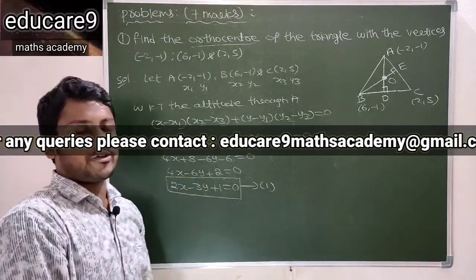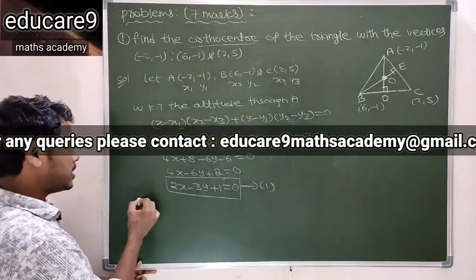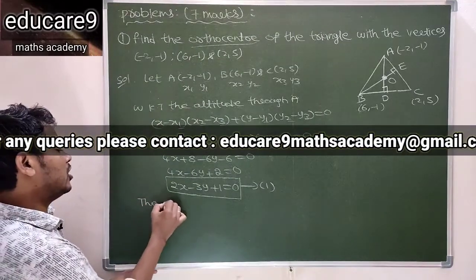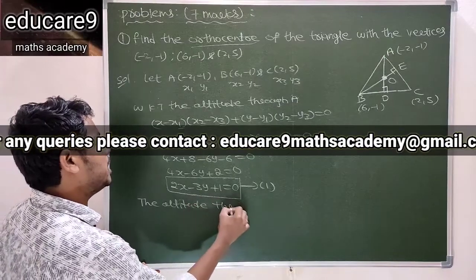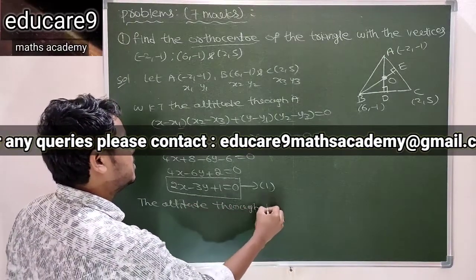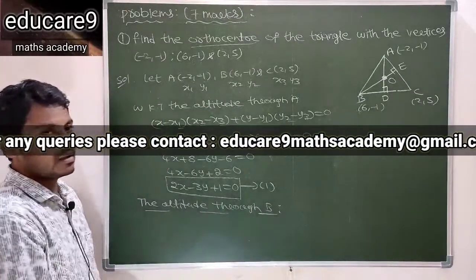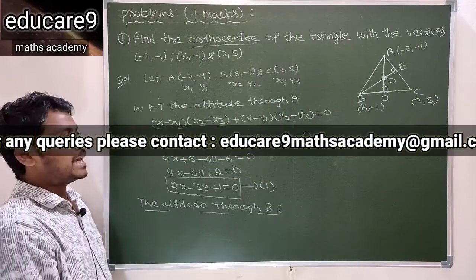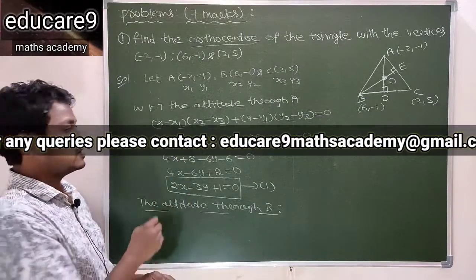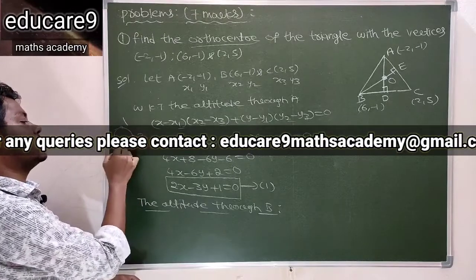Now you need to find the altitude through B. So what is that equation? Here you have to apply the cyclic process. Here this is 1, this is 2, and this is 3.